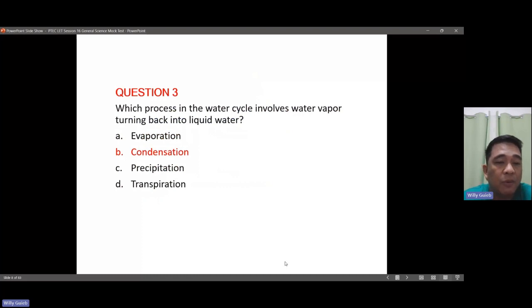Evaporation definitely is liquid water into water vapor. Precipitation is the process of bringing back the water from the atmosphere down to the Earth's surface, and it comes in many different forms. Transpiration naman is the loss of water among plants.